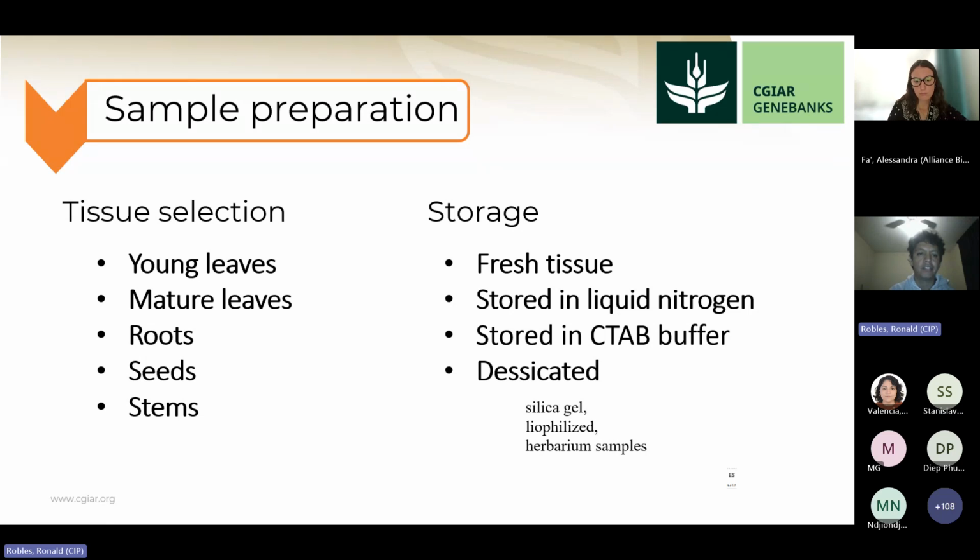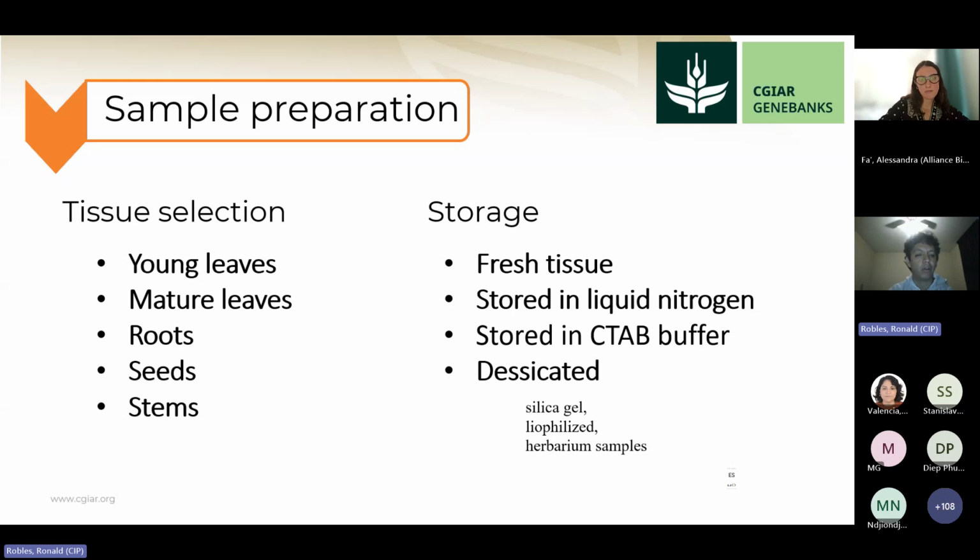The first one is the selection of the tissue. Here we need to choose the right tissue in which we will obtain a better quality of DNA. Mostly young leaves are recommended because young leaves have low amounts of secondary metabolites and that is better for obtaining good quality DNA.